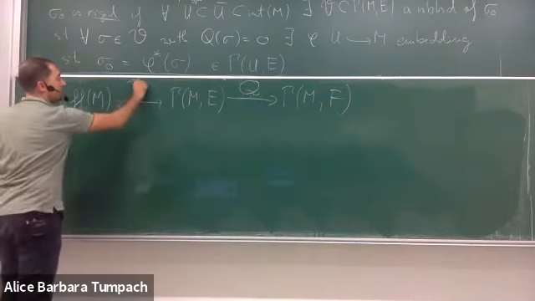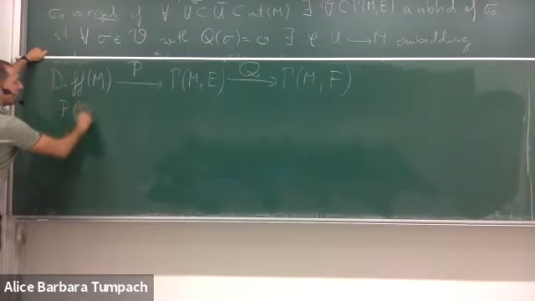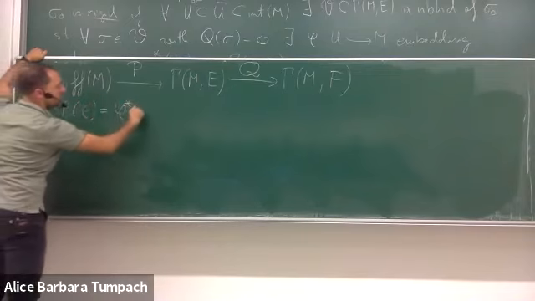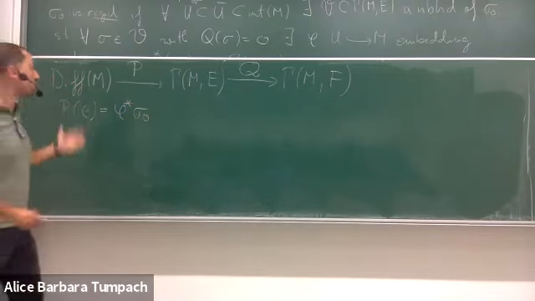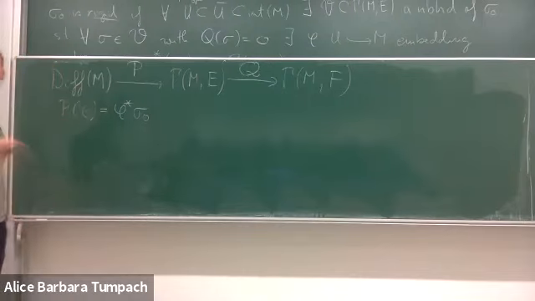So I call this P. P of a diffeomorphism, P of phi, is simply phi acting on sigma 0, so phi star of sigma 0. And you can think about this as a chain complex. This is precisely one of our assumptions. Sigma 0 is fixed.